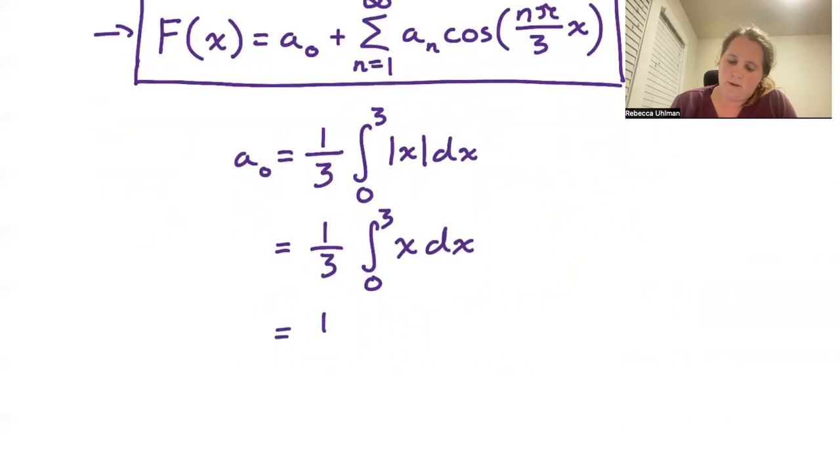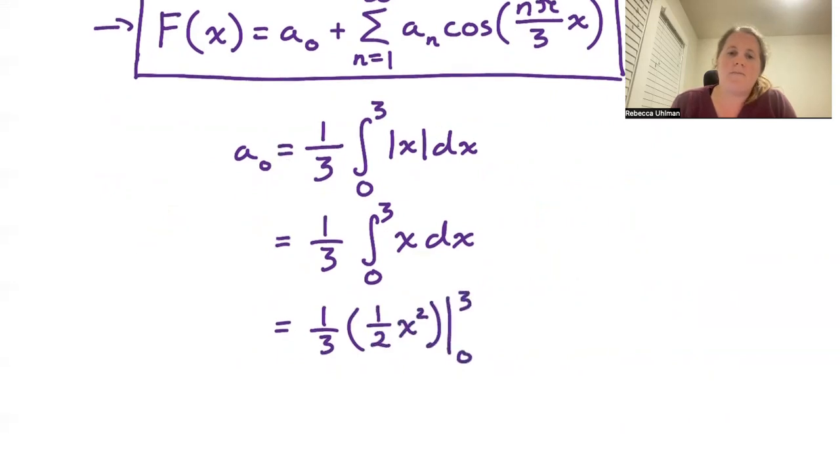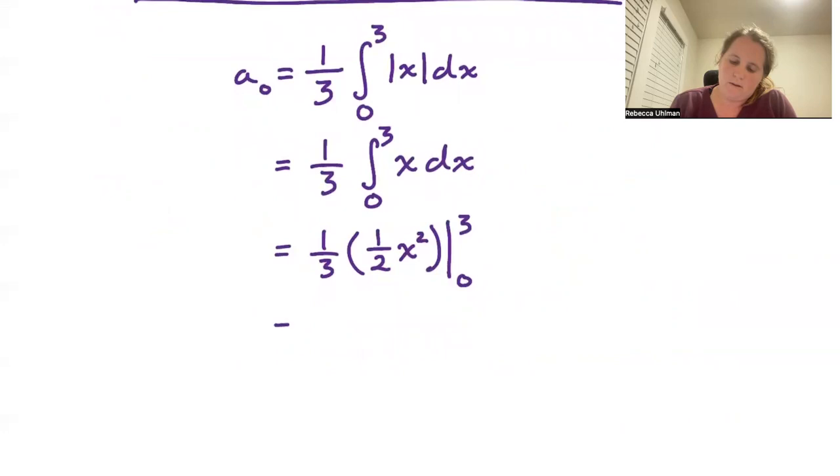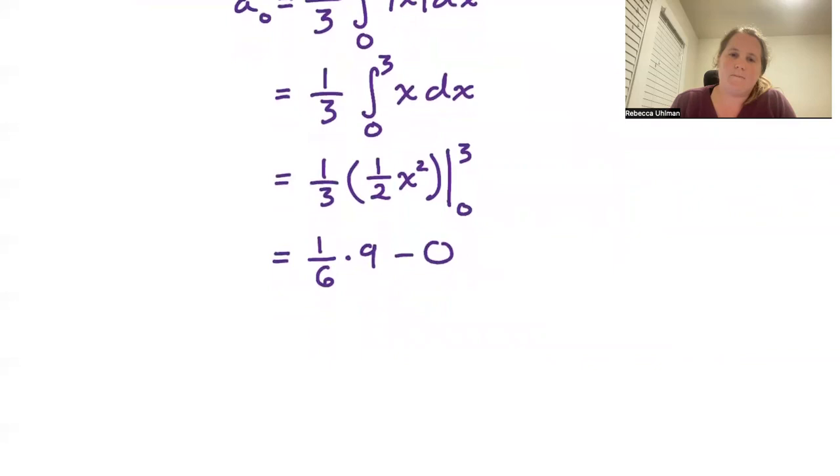So we are looking at 1/3 times 1/2 x squared, evaluated at 0 and 3, or 1/6 times 9 minus 0. And we wind up getting that our a naught is 3/2.